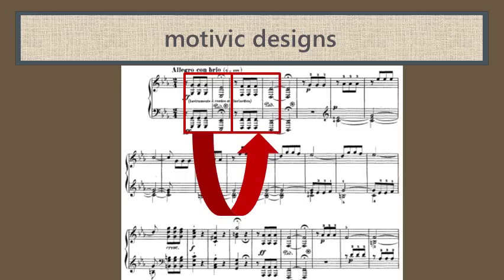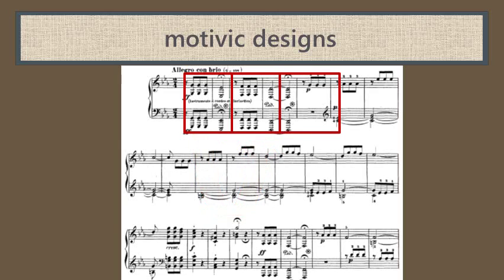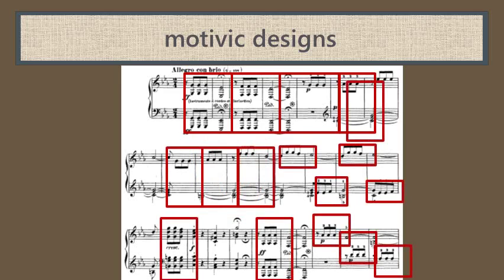We begin moving from G to E flat, and then Beethoven sequences it down one step, F to D. He then repeats it and sequences it up, and then sequences it all over the place.